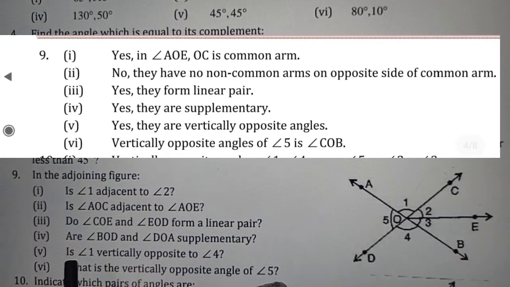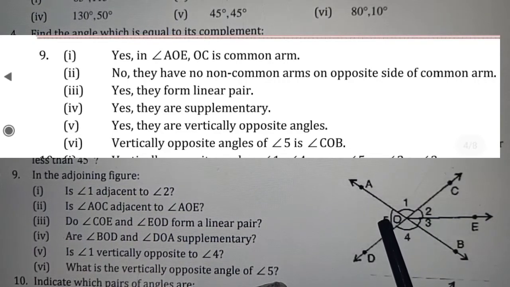What about the fourth? Are angles BOD and DOA supplementary? Let us see. Where is angle B? BOD, that is angle 4. Now what about angle DOA? DOA is angle 5. Now we have to tell whether these angles are supplementary or not.